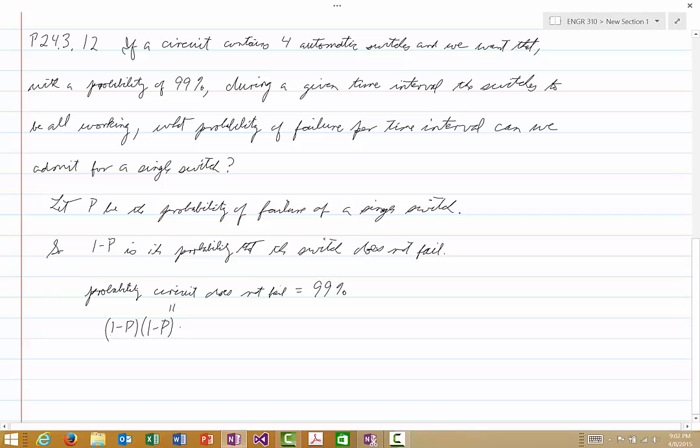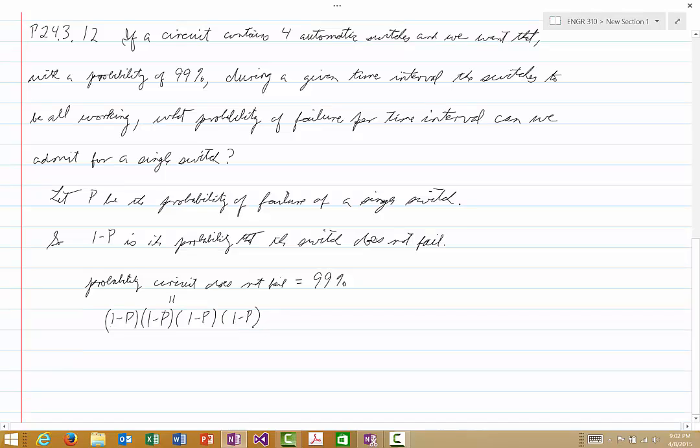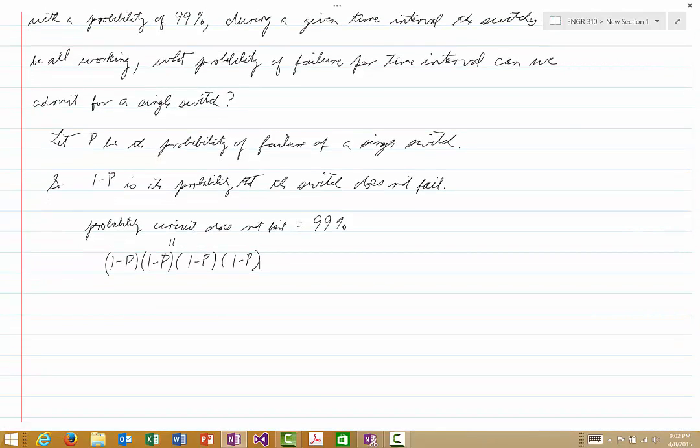The probability that the third does not fail is 1 minus p, and the probability that the fourth will not fail is 1 minus p. So we have the equation that (1 minus p) to the fourth power is equal to 0.99.